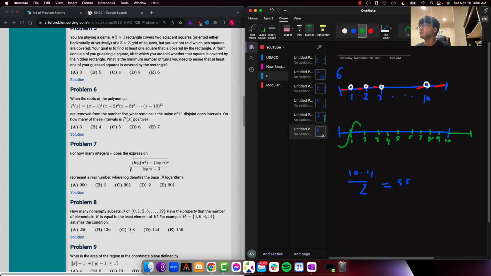And then because you're at 2 and it's even, you bounce off because the multiplicity is 2, and then you pass through 3 and then you bounce off 4, and then you pass through 5 and you bounce off 6. And you keep doing this M-shaped thing, right? And then eventually when you bounce off 10, you've got to keep going, whatever the shape is there. But okay, so let's look. This is positive 1, 2, 3, 4, 5, 6. So I think it's a D.